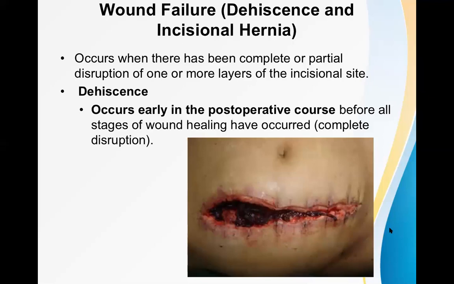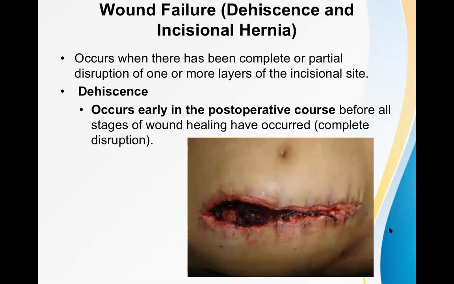Now, let me explain by giving an example here. A lady was admitted to the hospital because of labor for the purpose of delivery. The obstetrician performed cesarean section on her. There is a big wound on her lower anterior abdominal wall.